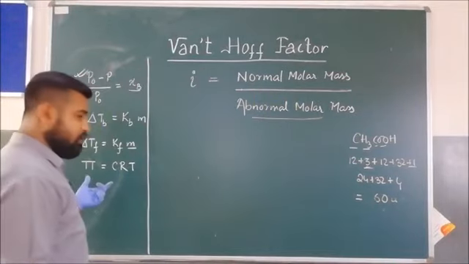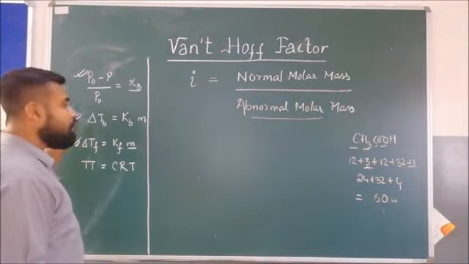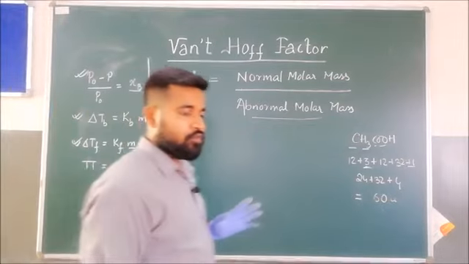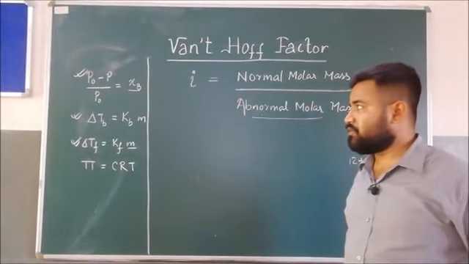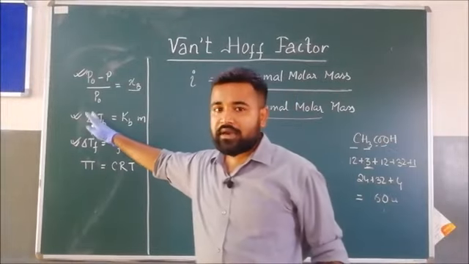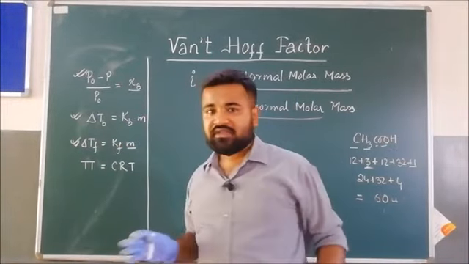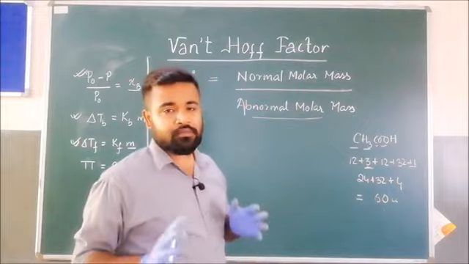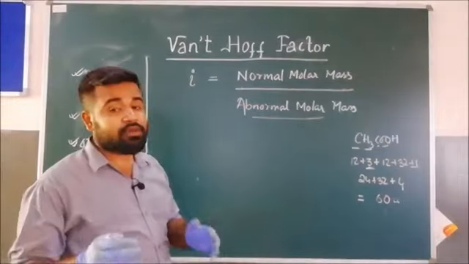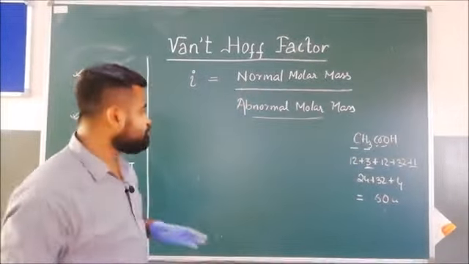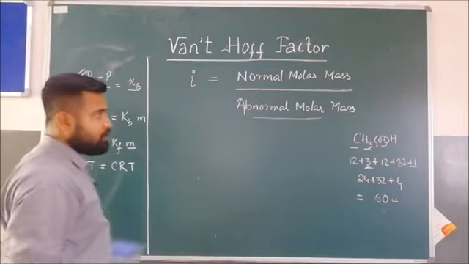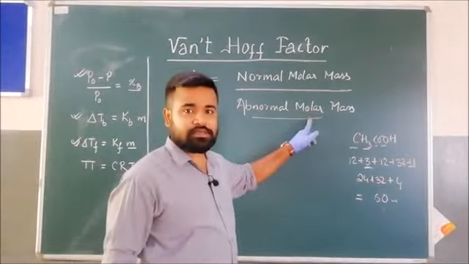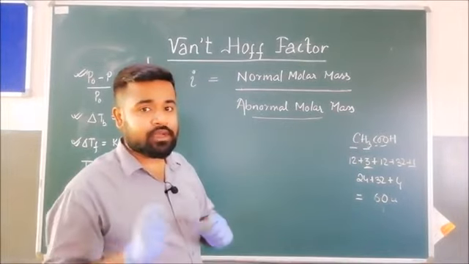It is the molar mass calculated from the formula of the colligative property, because colligative property is directly proportional to the number of moles of solute, which is given mass by molar mass. So whatever molar mass comes from this formula is called abnormal or experimental molar mass.